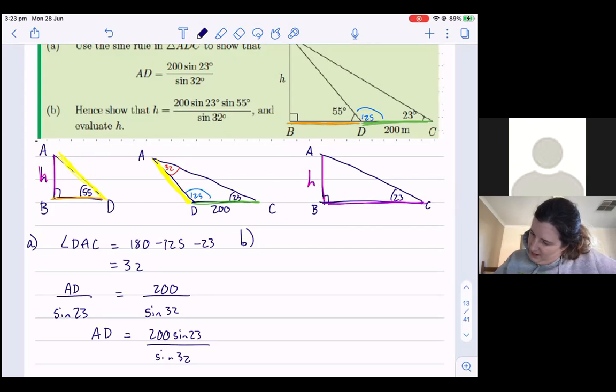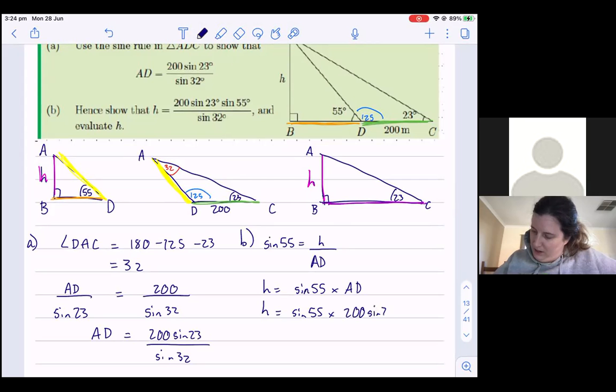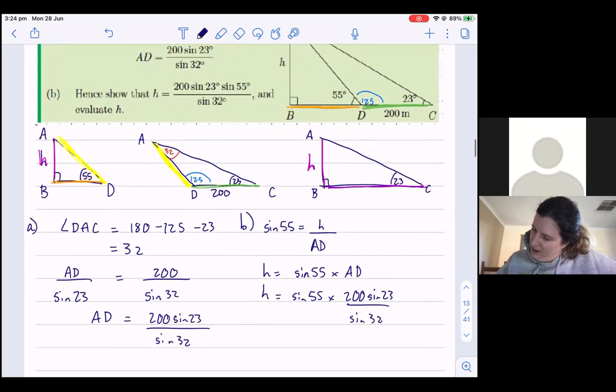So that AD is the same on both triangles. So if I use SOHCAHTOA, I know that sine 55 is going to be H over that hypotenuse, which is AD. So we've got h is going to be sine 55 times length AD. Length AD was 200 sine 23 over sine 32, which is what they got.